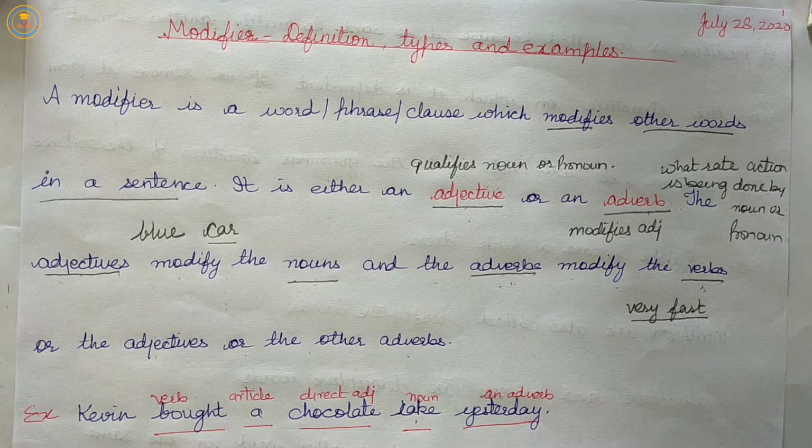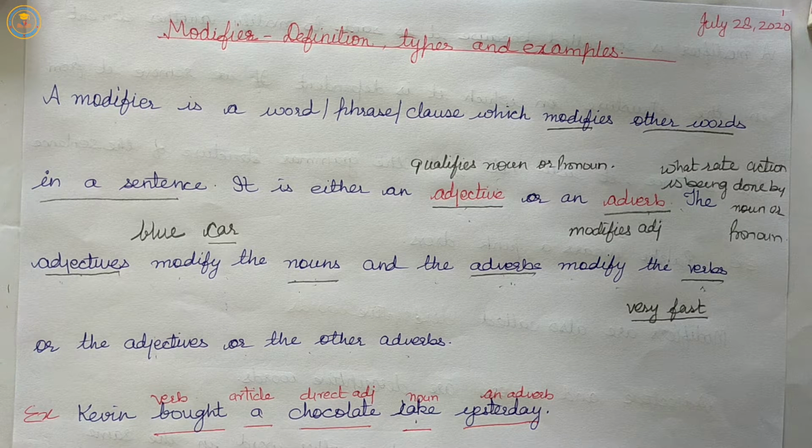Whenever we talk about a modifier, we must keep in our mind that the given adjectives or adverbs in the sentence that qualify nouns or modify verbs respectively are known as modifiers.